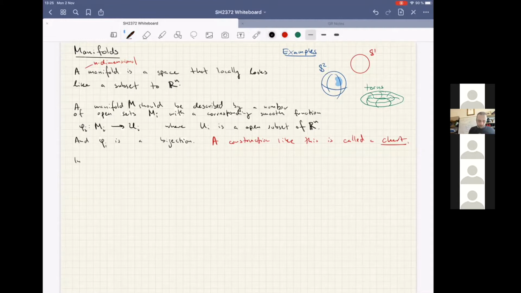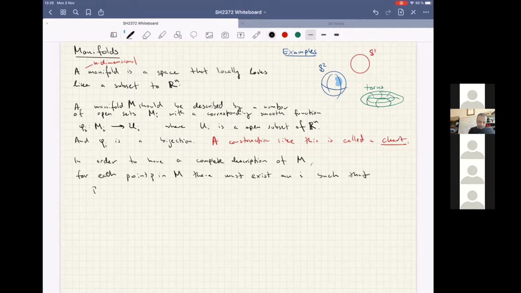So in order to have a complete description of M, for each point P in M, there must exist an index i such that P belongs to this set Mi.